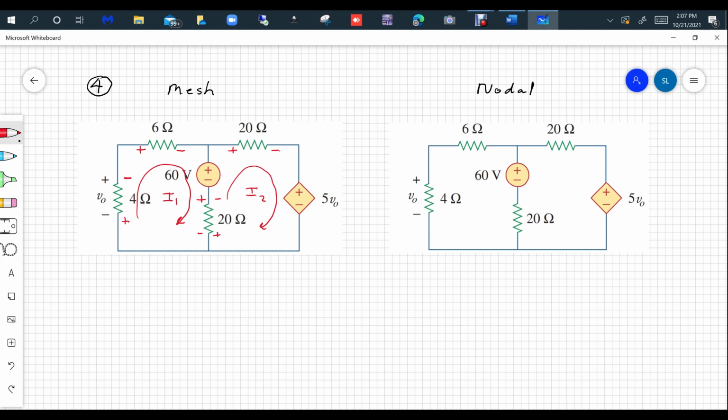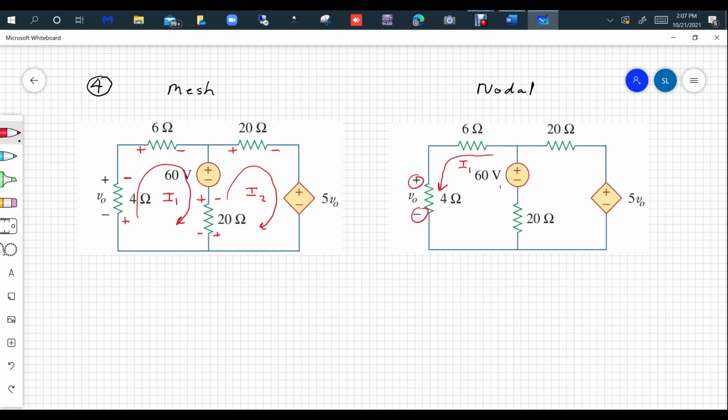Notice in this problem, the person who came up with this circuit is telling you the direction of current in that left branch. That person is telling you that that current flows in this direction. Has to, because of the plus to minus here. So you already know I'd call that I1.